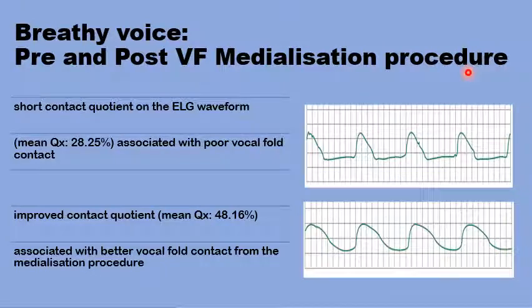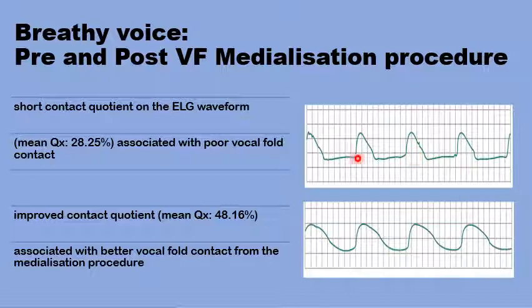To illustrate this further, these are traces of glottal area waveforms from a patient with vocal fold palsy before and after medialization procedure. Before the medialization procedure, you could see the short closed phase and short contact quotient.